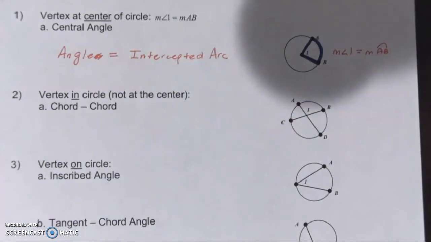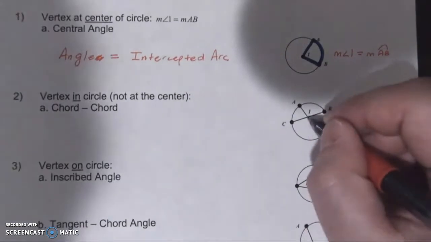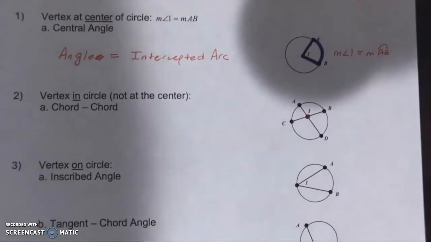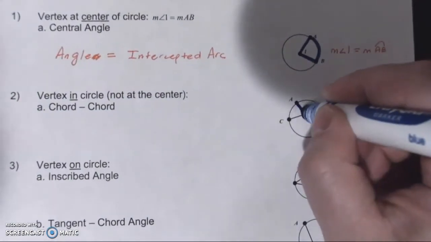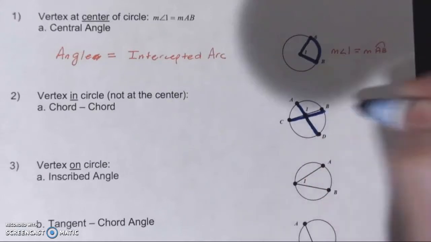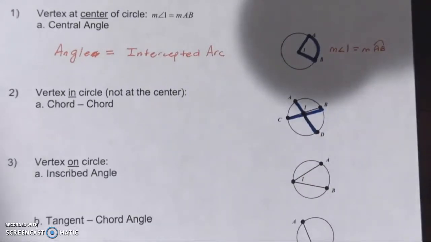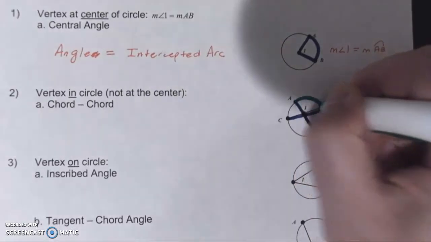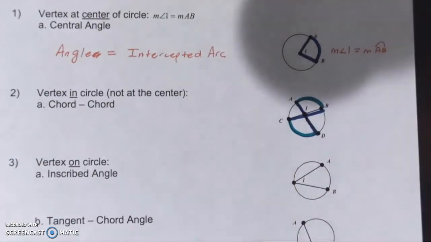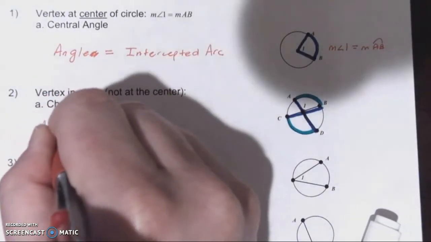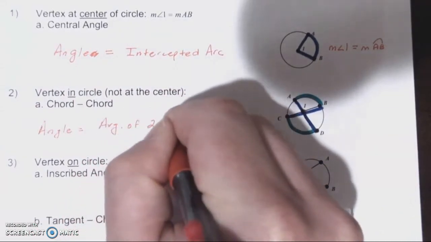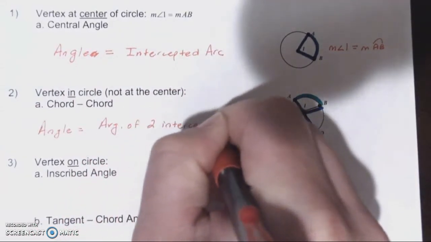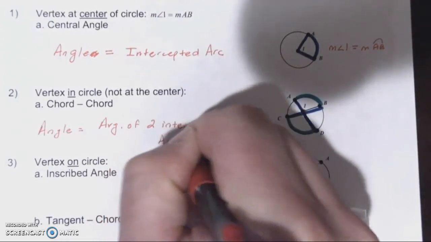Okay, a vertex in the circle. Okay, here's the vertex of angle 1. It is inside of the circle. All right, we have two different chords that form this angle. Okay, and then, as you remember from our notes, that would cause these two intercepted arcs. So the angle is equal to the average of the two intercepted arcs.